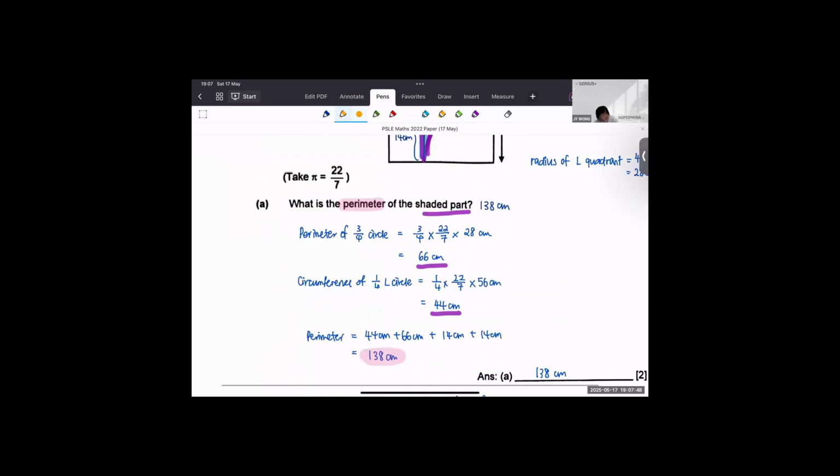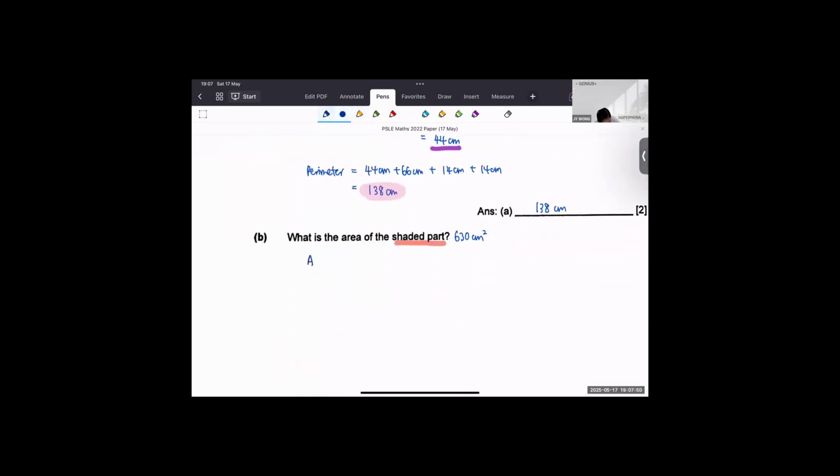So let's find the area of the 3/4 circle. You put 3/4, then the formula of a circle, which is pi times r times r. This will give you 462 square centimeters.